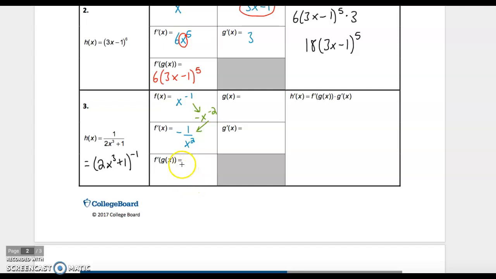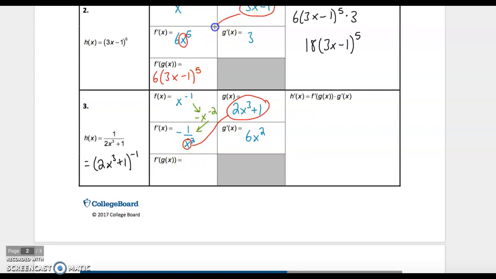And so that was my outer function. My inner function is 2x cubed plus 1, so its derivative is 6x squared. And then now the derivative of my outside function, keep my inside function the same. So this was my original inside function. That's going to go in for my input here.